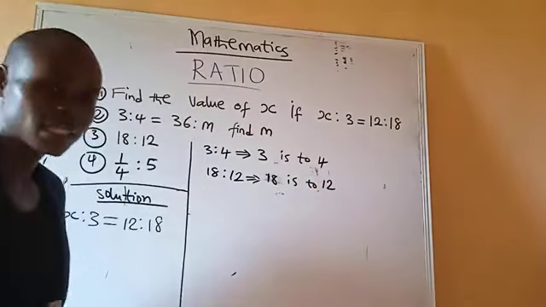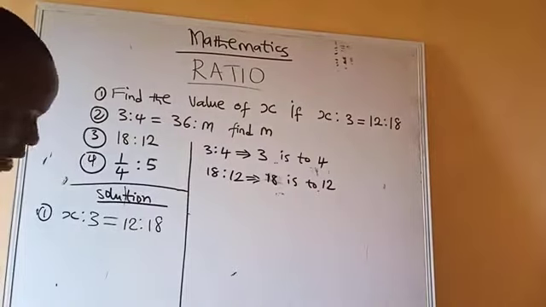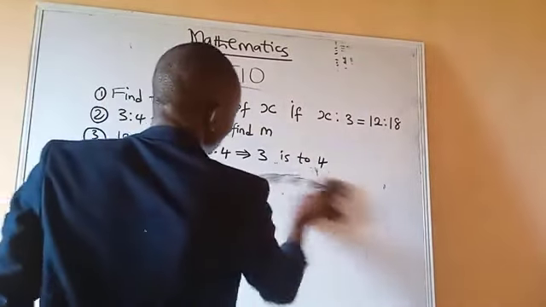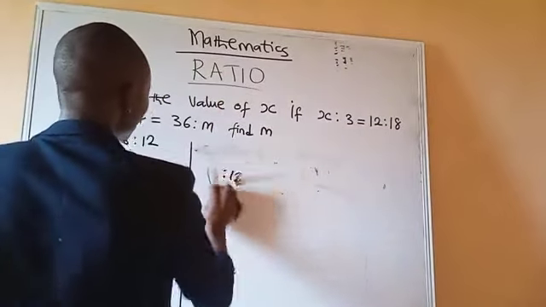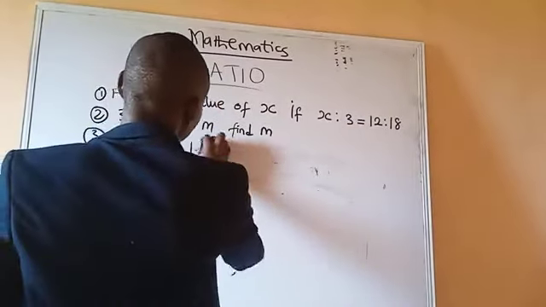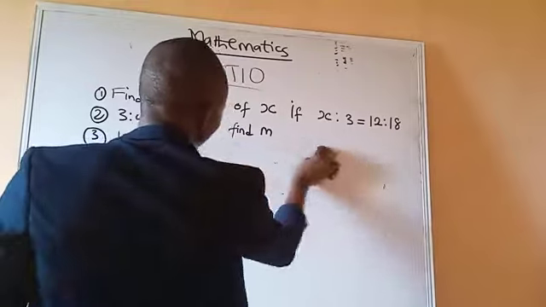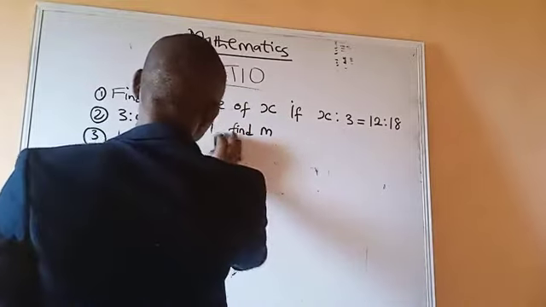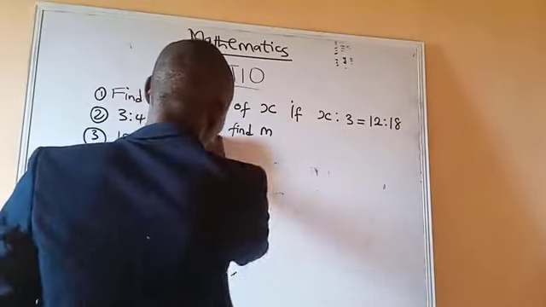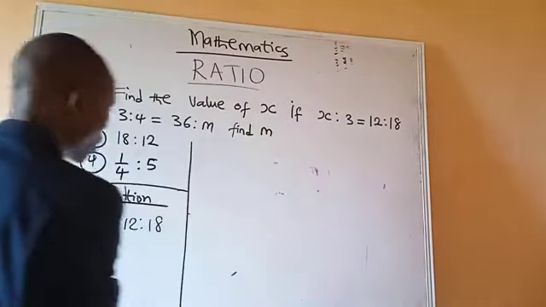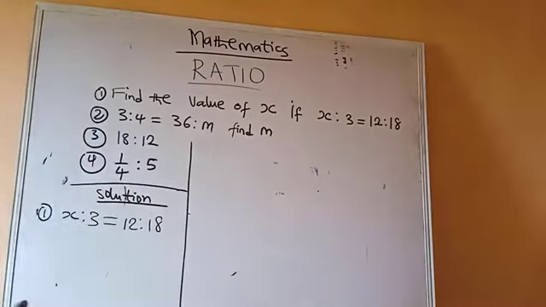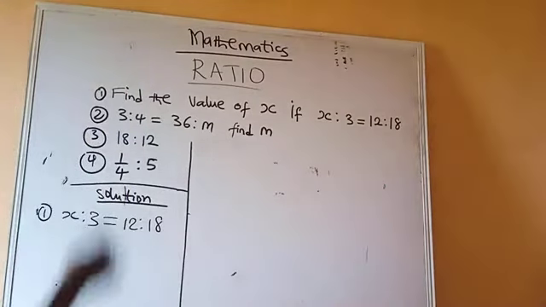So this is the interpretation of it. Do you understand? So let me clean it. I did this so that when I'm explaining, if I say is to, you will not be confused. That's the most common statement you'll be hearing in ratio, is to.